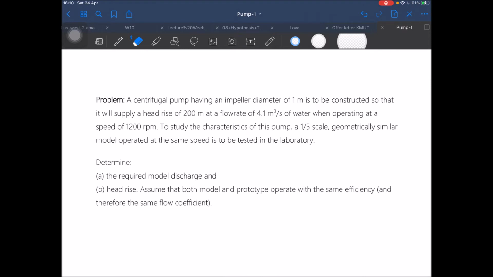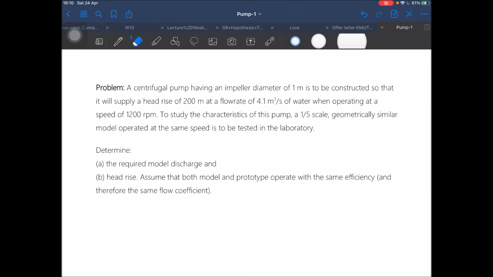Okay, so now let's continue with another problem. It is related to the centrifugal pump that has an impeller diameter of 1. I'm going to highlight everything that is important, using another color. It is constructed so that it will supply a head rise of 200 meters, a flow rate of 4.1 cubic meters per second of water when operating at a speed of 120 rpm, rounds per minute.